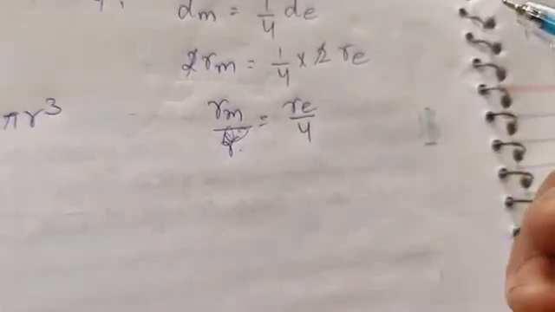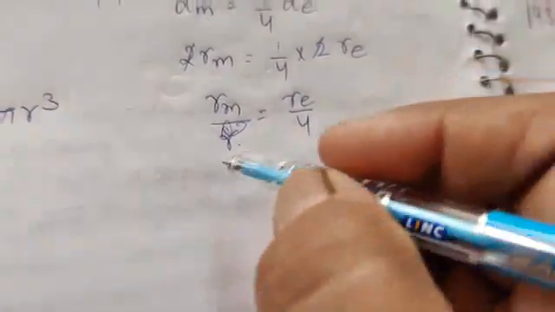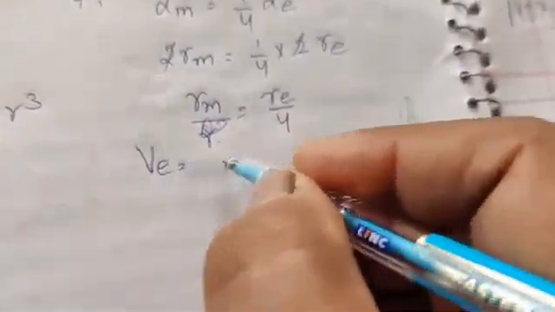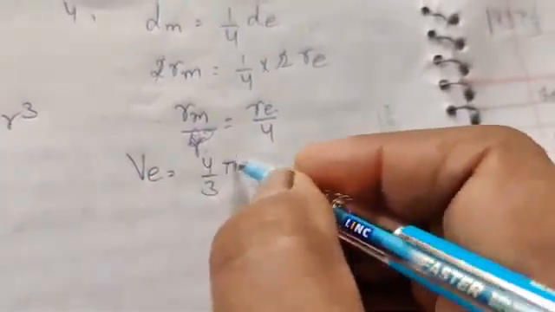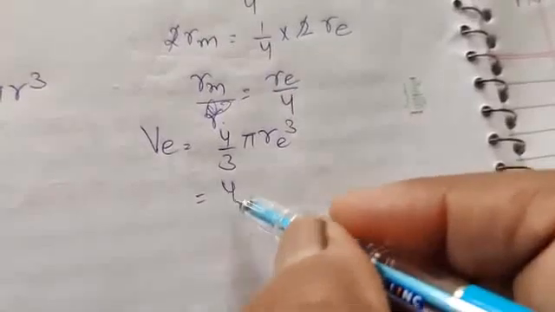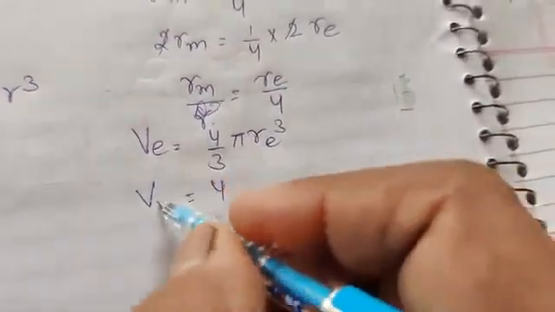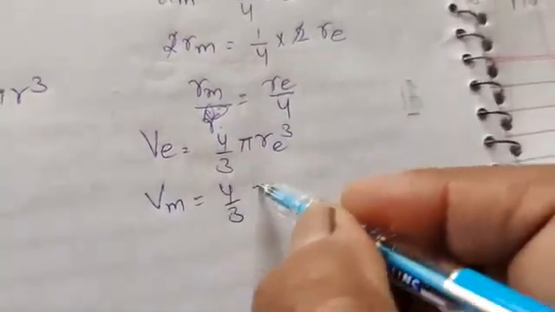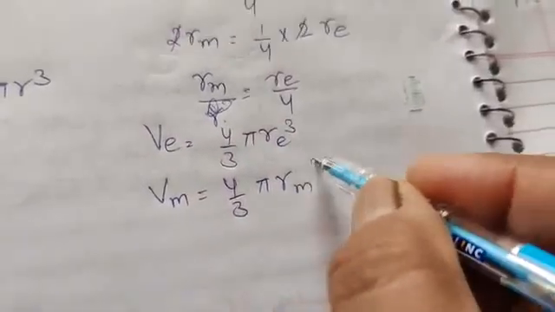Now what fraction of the volume of earth is the volume of the moon? Volume of earth equal to 4/3 pi r e cube, and volume of moon equal to 4/3 pi r m cube.